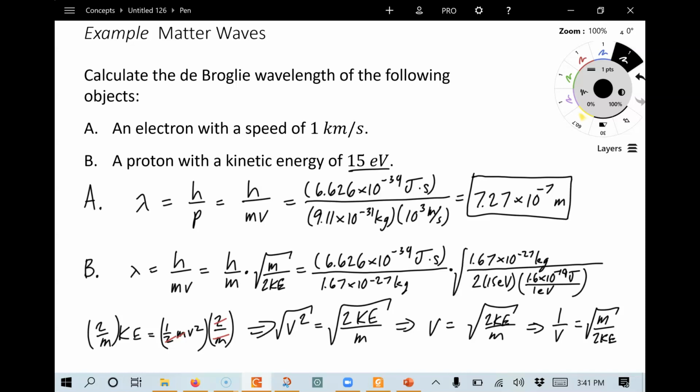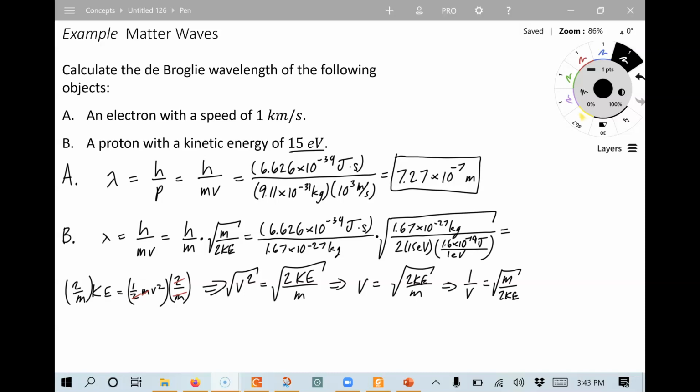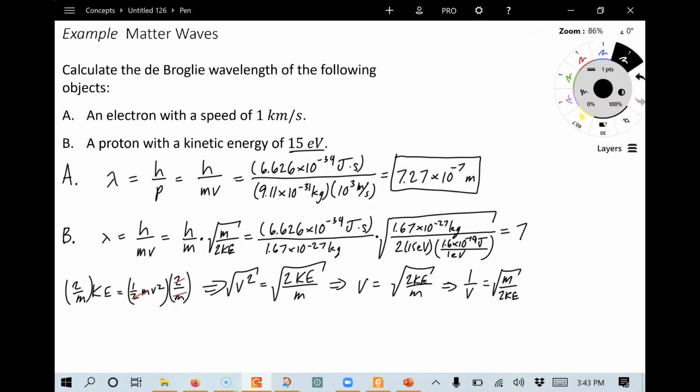And now that whole thing, we need to take the square root of. Now when we go ahead and put that value into the calculator, this comes out to 7.4 times 10 to the minus 12th, and that's going to be in meters again.